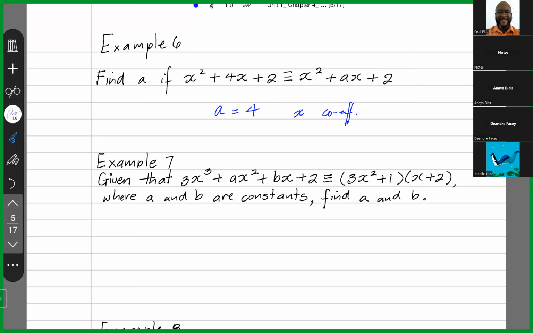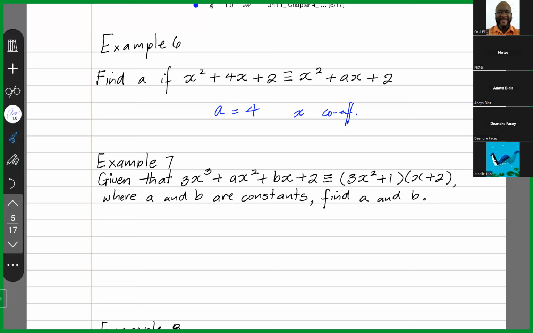If the terms are equal, their coefficients are also equal. So the x coefficient on the left must be equal to the x coefficient on the right. In example 6, the x coefficient on the right is a, and on the left is 4, so a is equal to 4. Next, I want you to do examples 7 and 8.